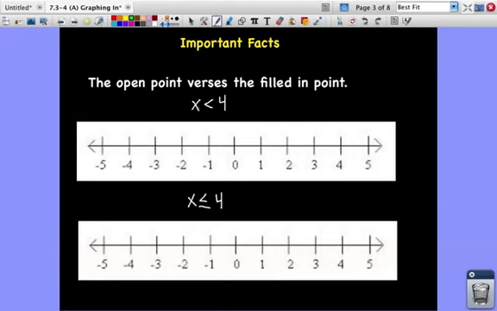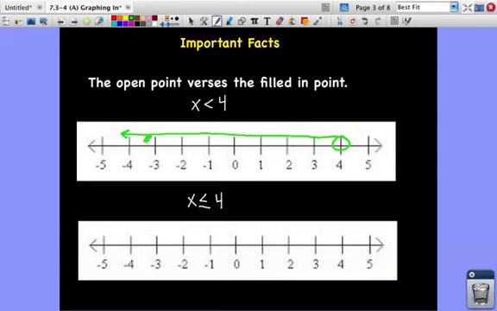With x is less than 4, I need to find my 4 on my number line. Now that I have 4 on the number line, I need to put an open circle on 4. The reason I did an open circle is because it's less than, not less than or equal to. Now, because x is less than 4, I'm going to shade.